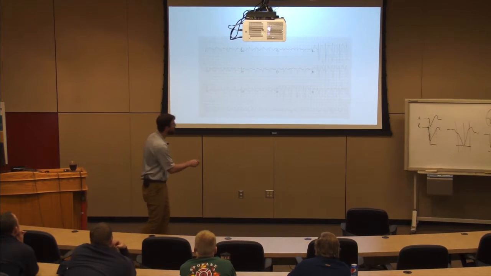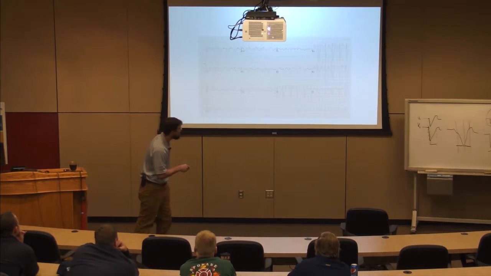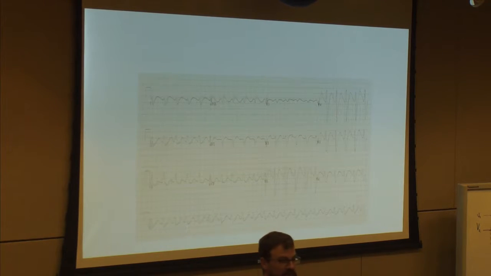I don't see any RSR prime where I typically would see it in my lateral leads. I can't say with confidence, I'm 95% confident that's a left bundle branch block. You'll never be 100% confident, but I can say that's bizarre.